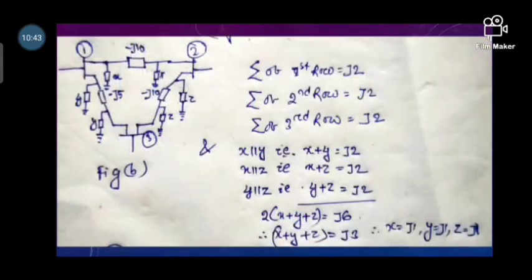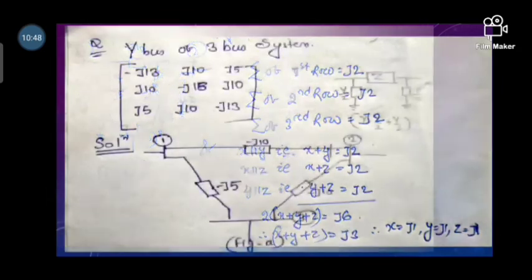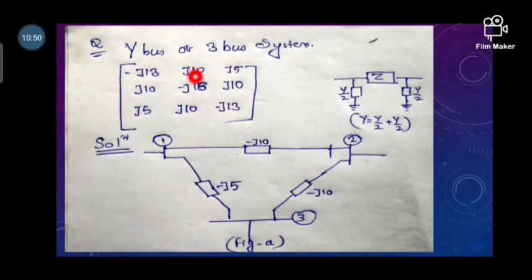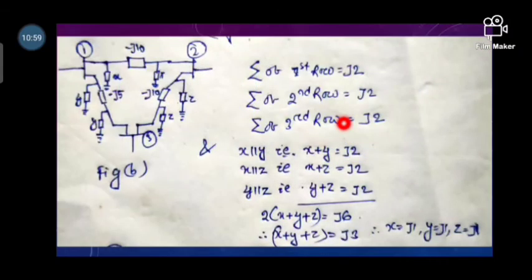So here j2 will be formed because of j10 plus j5 minus j13, that is equal to j2. So here j2, like that the second row j2, like that the third row j2 will be formed. Those are present between bus number 1, bus number 2, bus number 3.